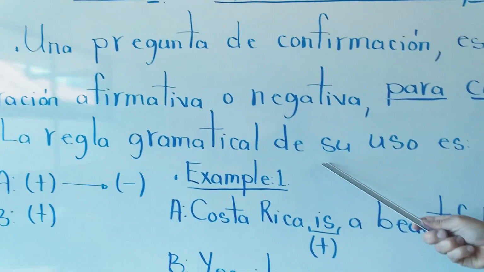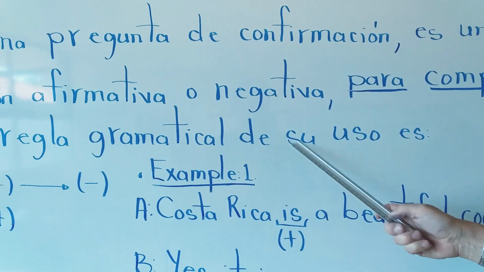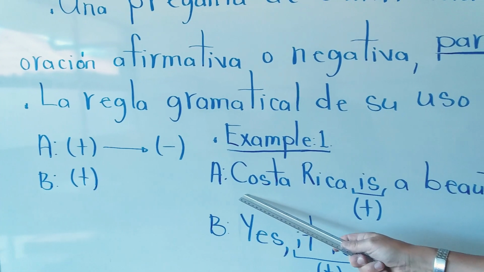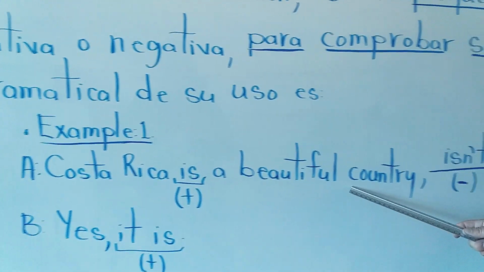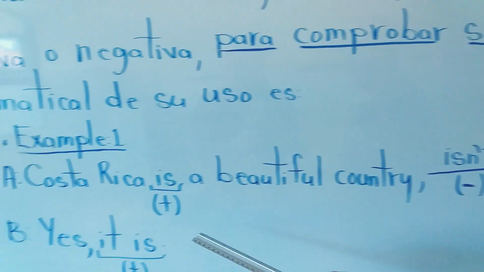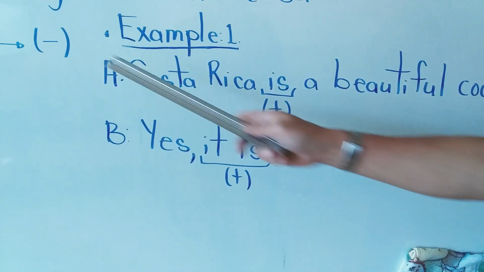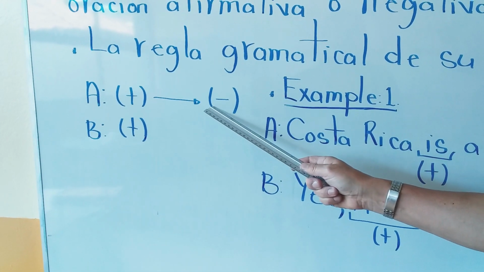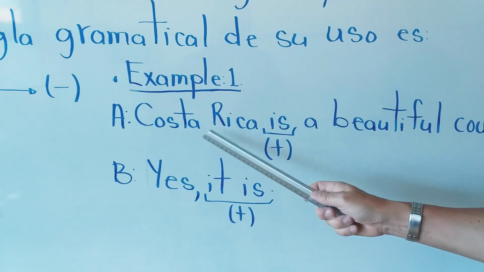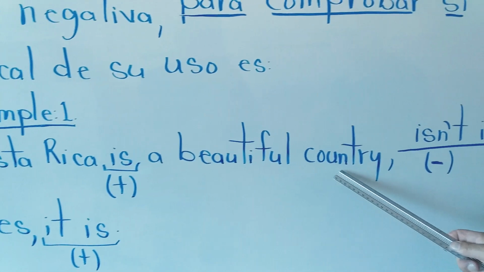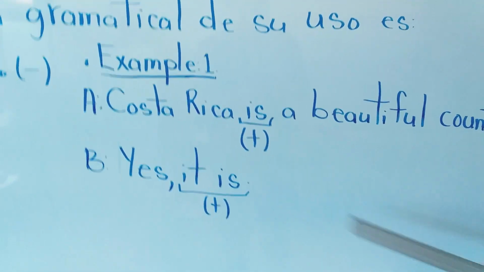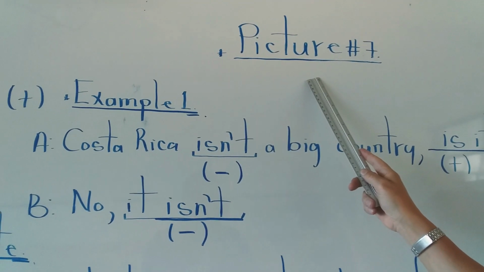The grammar rule for using tag questions is when the sentence is affirmative, the tag question is negative and the answer affirmative. Can you see? Affirmative, negative, affirmative. Example 1. Costa Rica is a beautiful country, isn't it? Yes, it is.